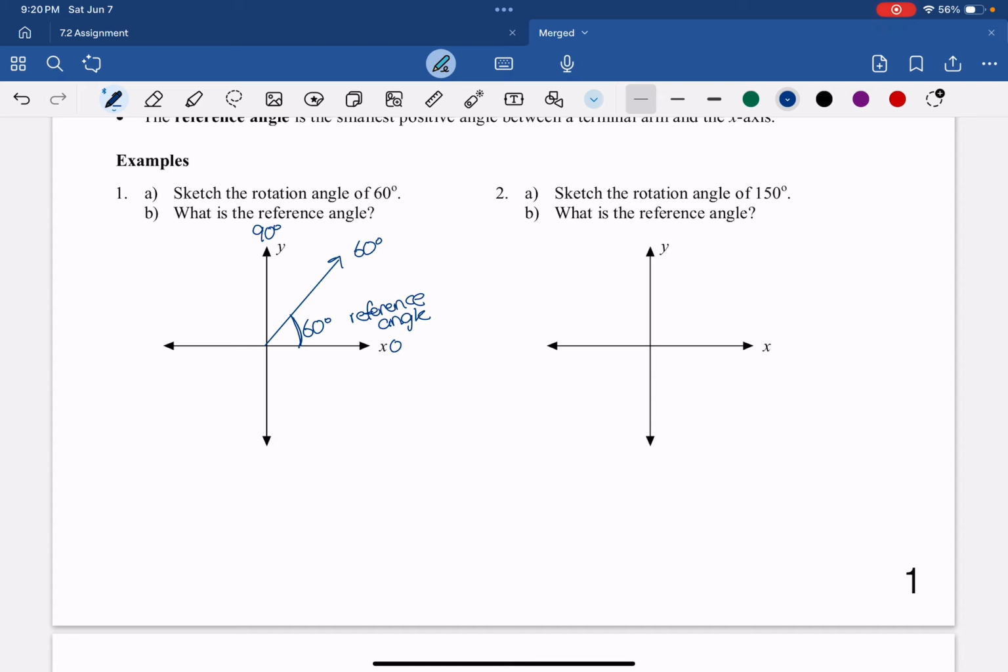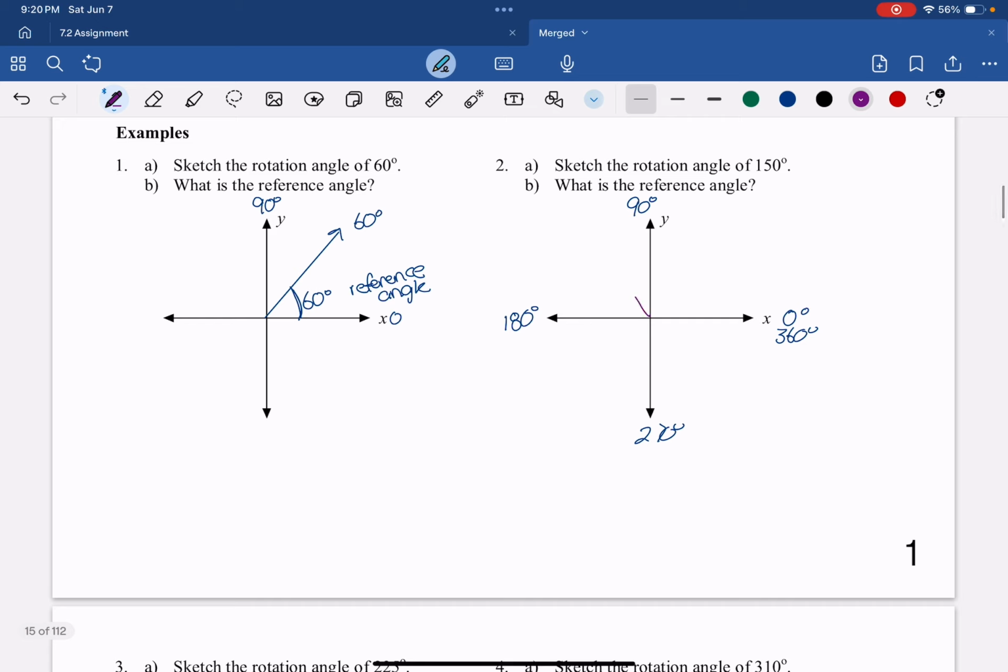Whereas if we're looking at 2 here, and we're sketching an angle of rotation of 150, I know that I have 0 degrees here, 90 degrees here, 180, 270, and this would be back to 360. So if I'm looking at 150 degrees, it's going to be in between 90 and 180, so it'll be in quadrant 2.